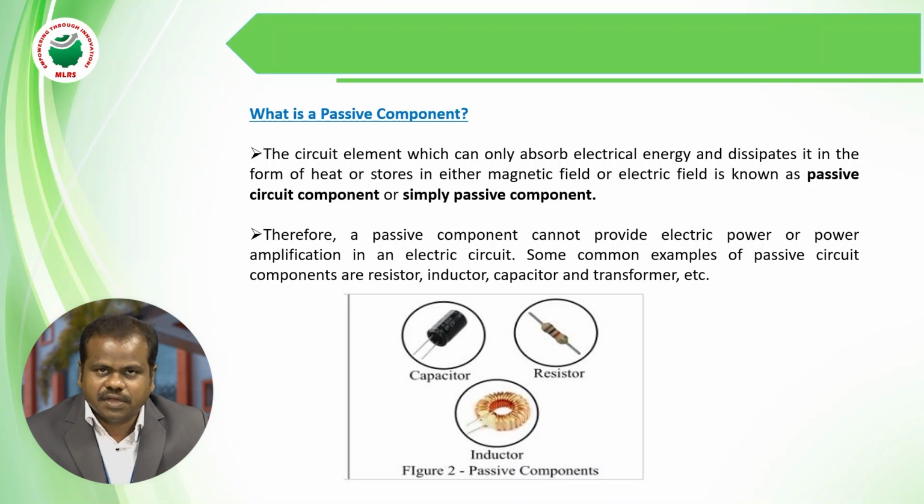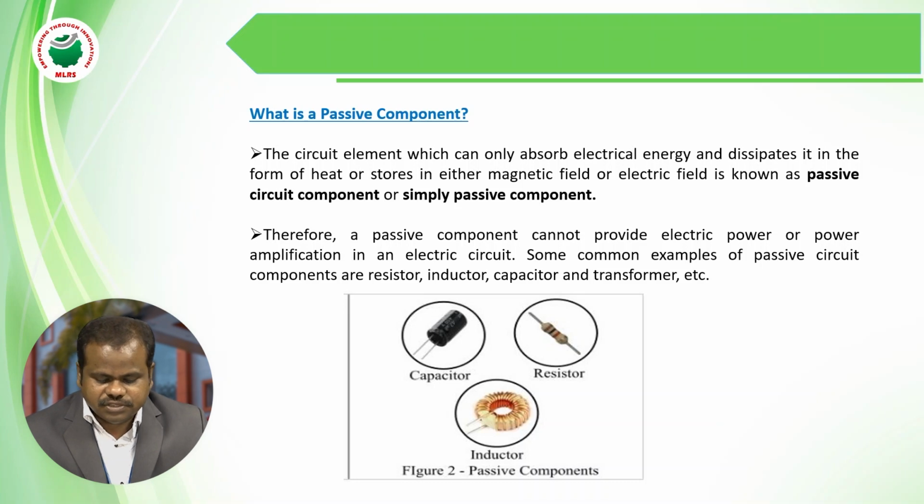Next, coming to the passive component, the circuit element which can only absorb electrical energy and dissipates it in the form of heat or stores it in either magnetic field or electric field is known as a passive component. So therefore, a passive component cannot provide electric power or power amplification in any circuit.